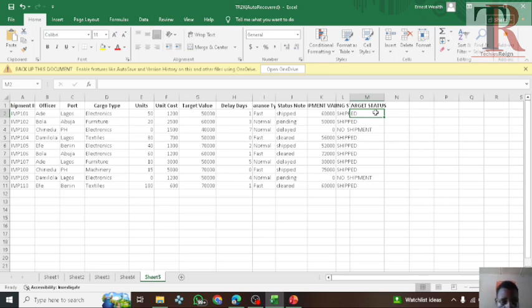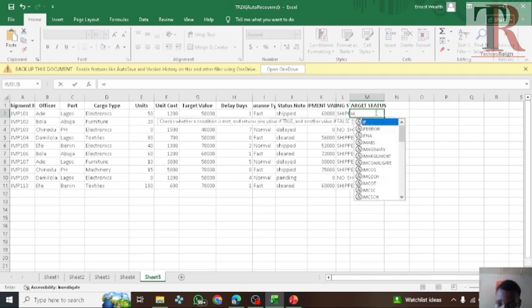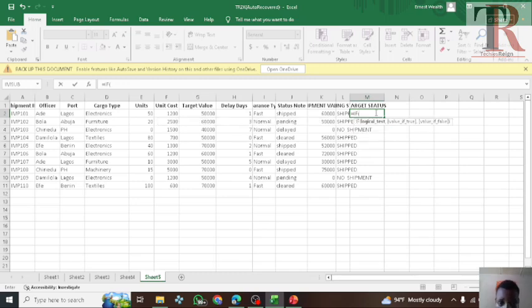Then here we'll call our if function, equals if K2, that is if shipment value is greater than or equal to the target value, which is G2, then give us target met, else give us target not met.